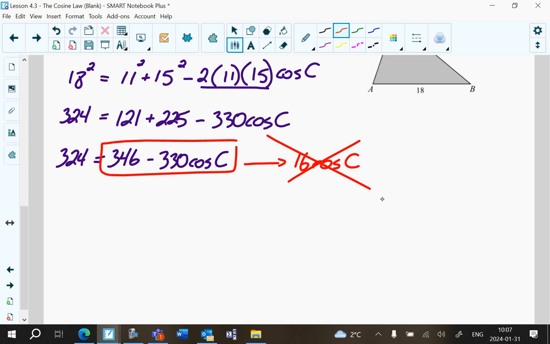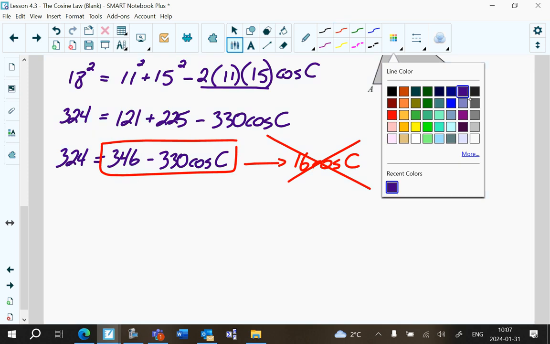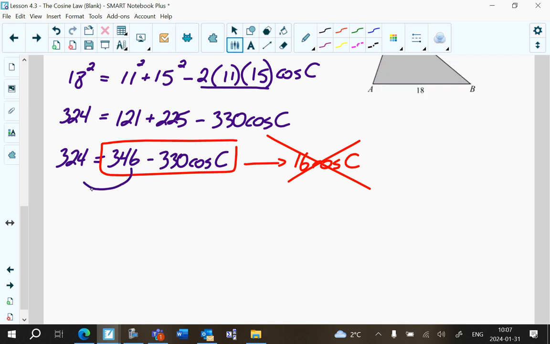What we have to do is take this over to the other side, remember, we're trying to get C by itself. So I need to take this over to the other side by doing what? Subtracting 346. And what does the equation look like after I do that?